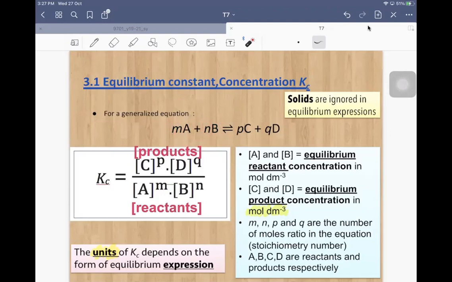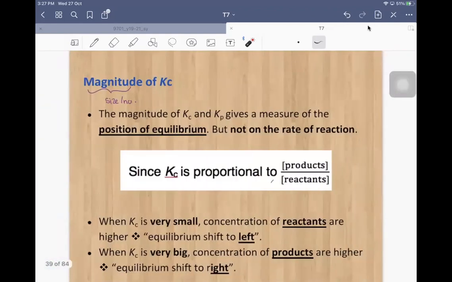So Kc can actually tell us about the relative proportion or the relative amount of your products over reactants. Since we can simplify Kc as being products over reactants, the value of Kc can actually tell us the relative amount.